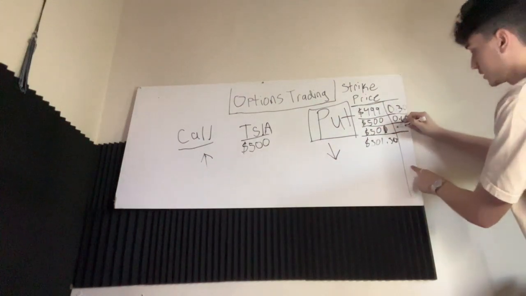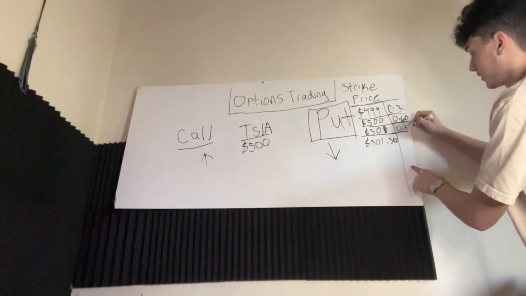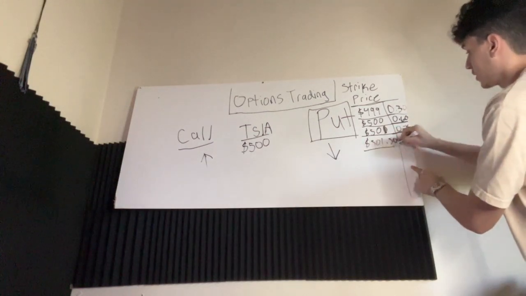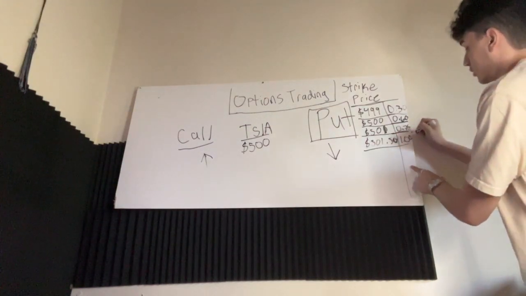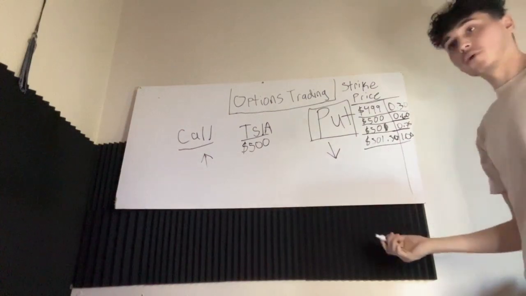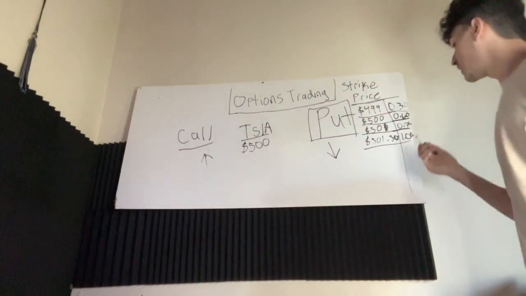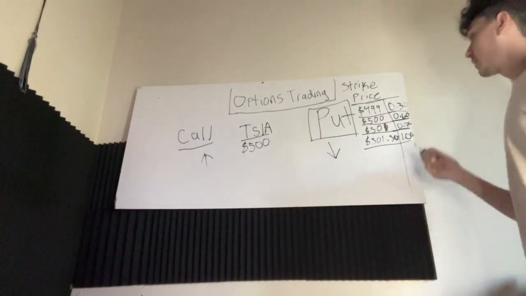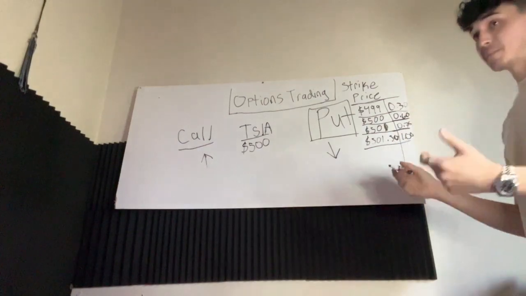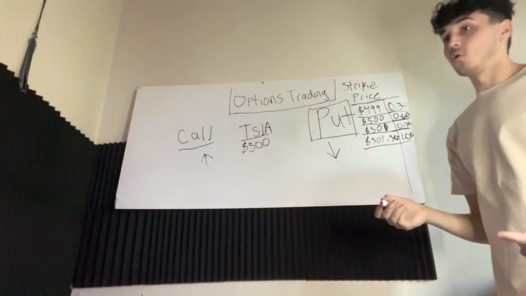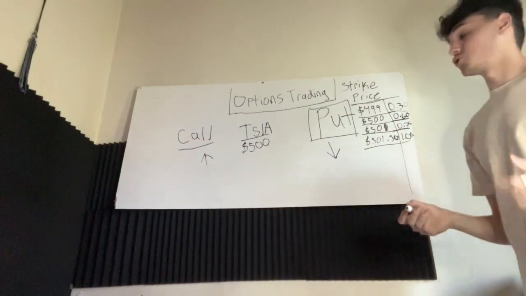So 0.60 and then 0.75 and then etc. We have, let's just say $1. But when I say 0.30, 0.60, 0.75, the cents, like I mentioned earlier, that's not our full price of what the option contract is.